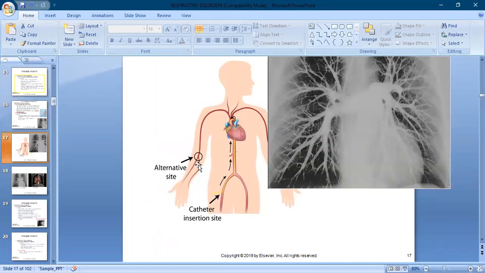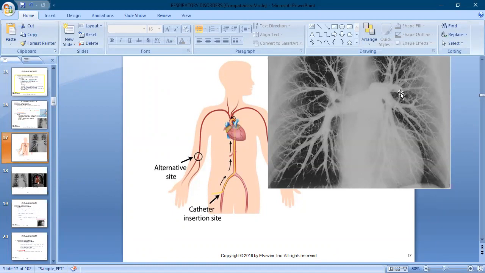A dye, a special type of substance, is passed through the artery and enters inside the pulmonary system. Because of this dye, when we take the picture, it is more visible. Like this picture is showing, dye is passing and all of the branches, arteries, veins, tributaries are visible. If any kind of obstruction is there, we can find it out.